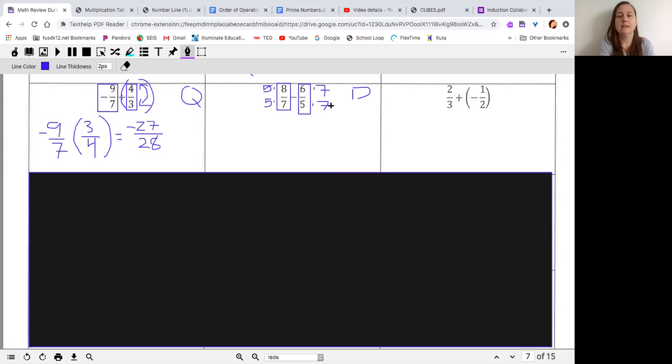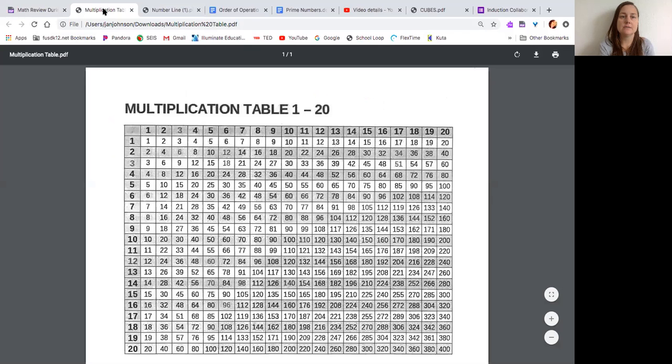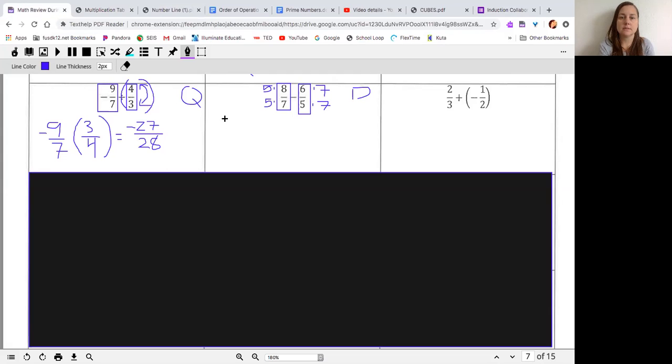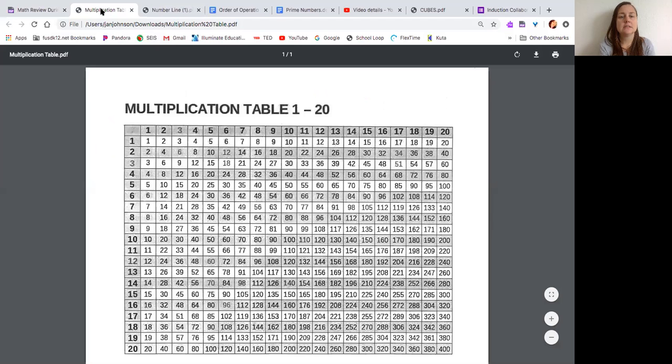Now that I did that, the second step I need to do is multiply each of these. So 5 times 8, 40. You can double check it over here. 5 times 7 is 35.